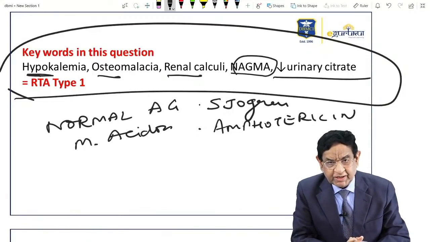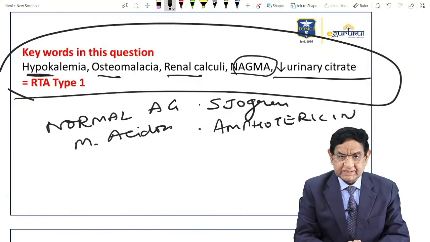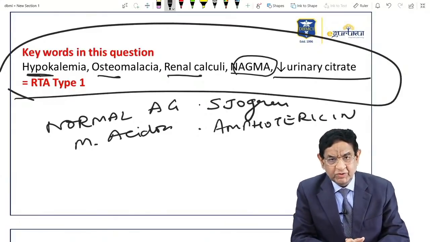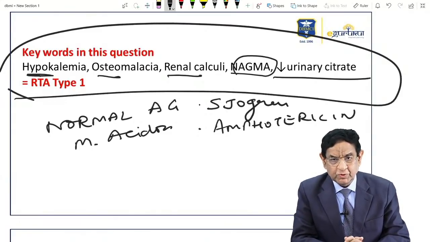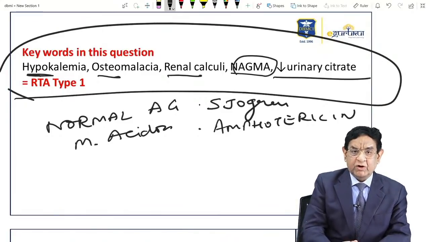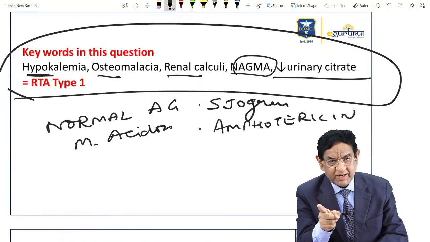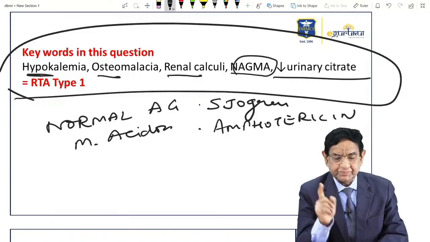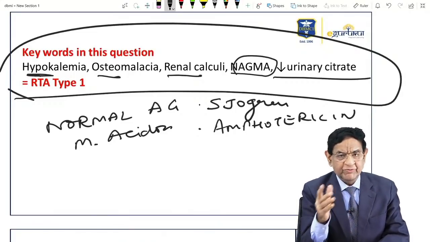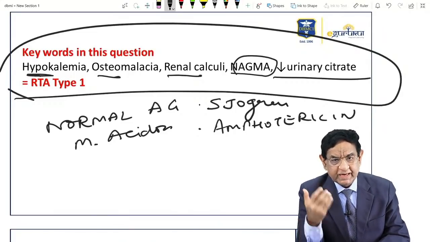Type 1 RTA, also known as distal RTA. What happened to potassium? Goes out. What happened to aldosterone level? In type 1, normal. And remember, in type 4 RTA, aldosterone level was reduced. Now in this, what happened to calcium in the urine?